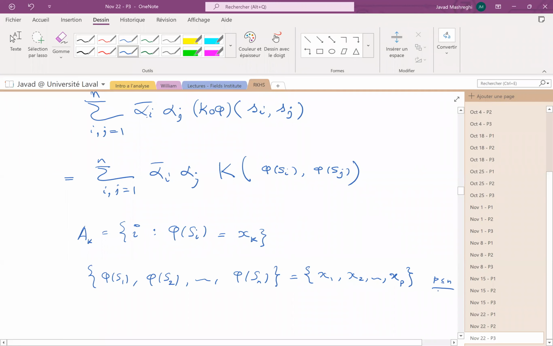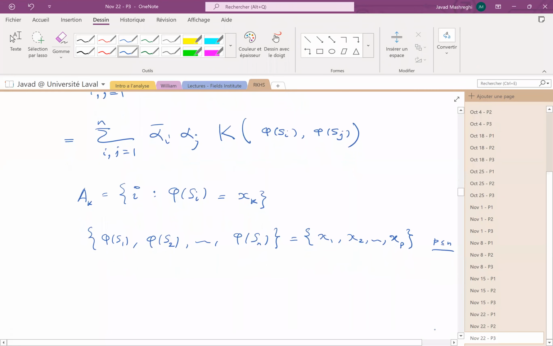And so I put those which create x1 together, those which create x2 together, and so on. So you can imagine like this. Here is all phi(sj) which create x1, and the same for the last one, which create xp. I put them in one basket.